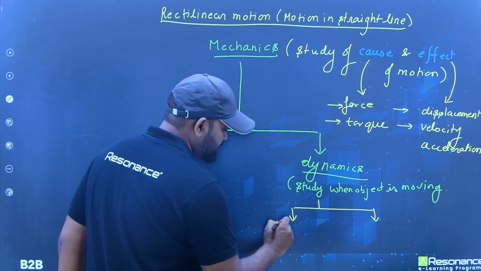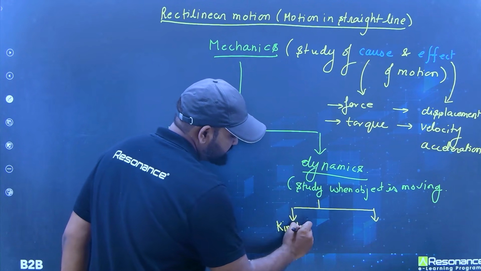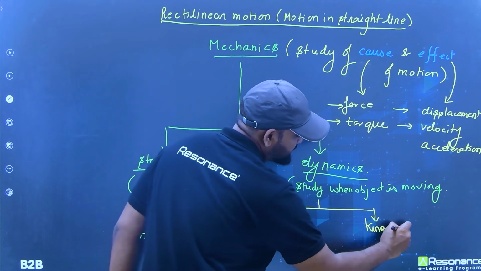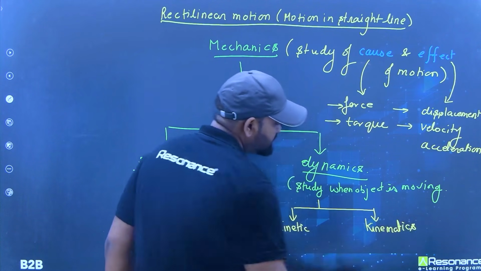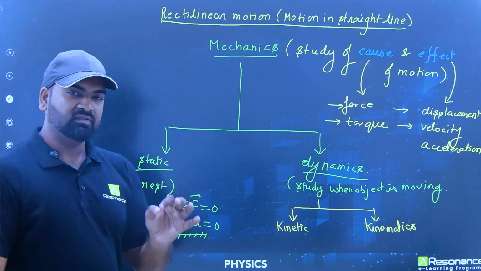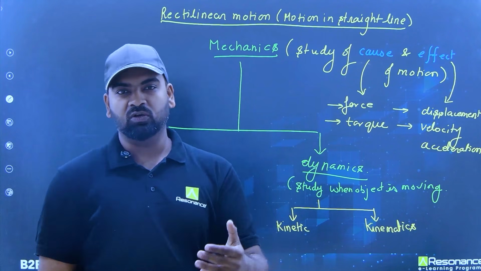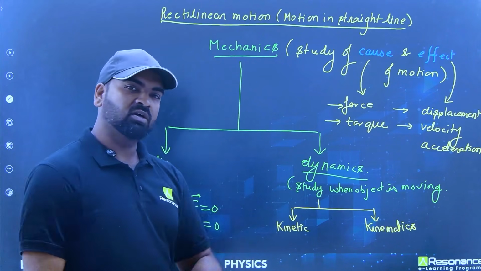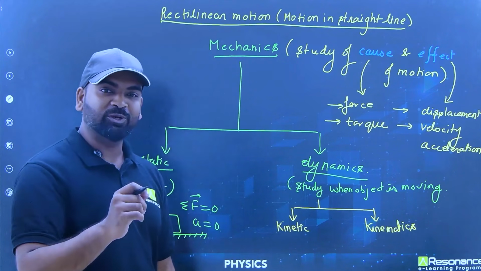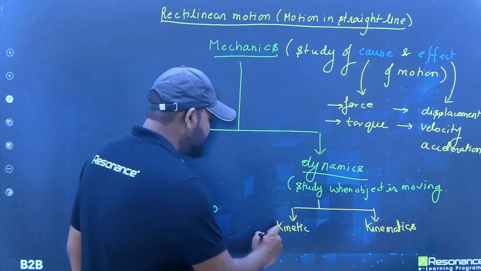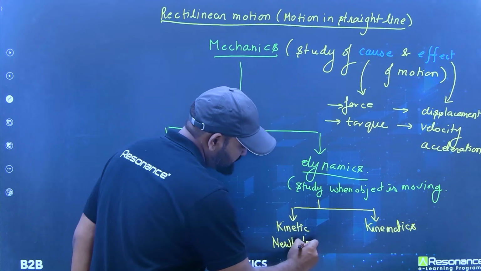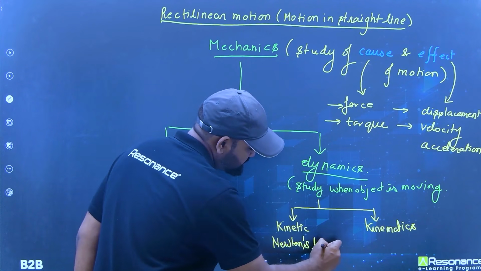We're going to get something called kinetics, and something called kinematics. Now, what does each of these mean? Kinetics is all about the cause of motion, which means forces, which means the chapter you are going to get also in CBC. That is going to be Newton's laws of motion.